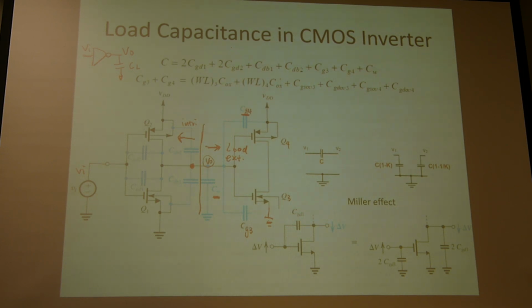So what is intrinsic here? This is the drain of the Q1 and Q2, those two transistors, because for this NMOS, this is source, and this is drain. For the PMOS, this is drain, this is source. So the drain to the body, and this is the body contact.